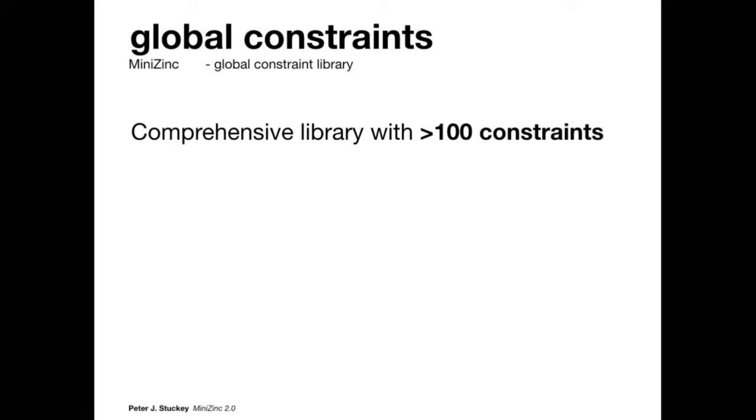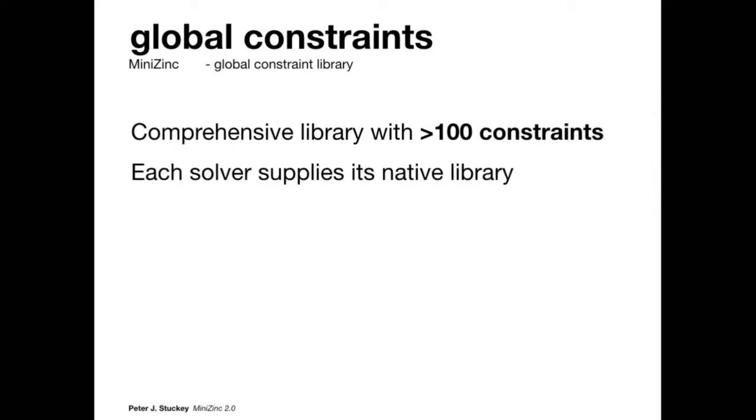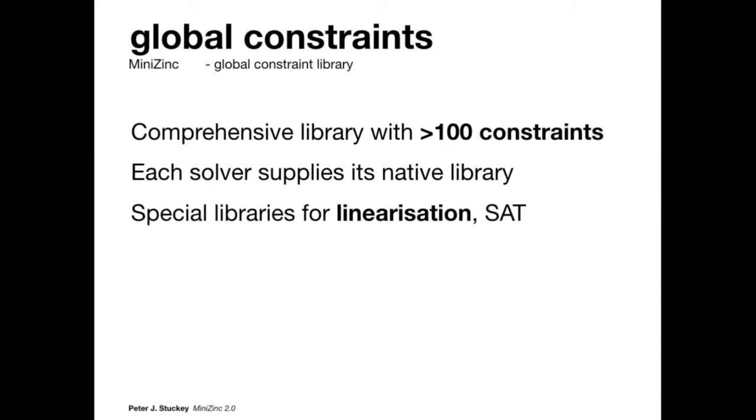Not all of the ones in the global constraint catalog, which Arno talked about, because that has a huge number of constraints, many of which are not used that often. We tend to only have the most commonly used ones. Every solver supports its native library, and there are specialization libraries if you want to use linear solvers or SAT solvers. And this is the key concept behind the model once, solve anywhere idea.